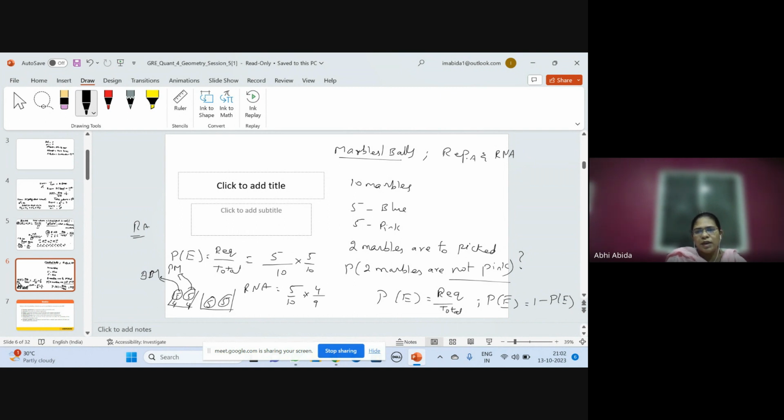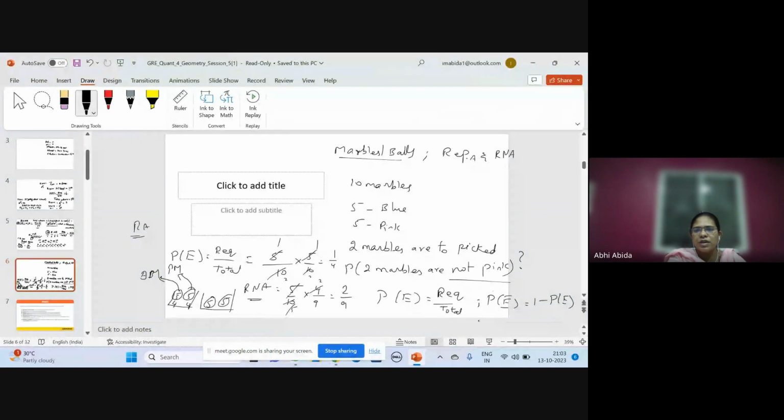This will give you 2 by 9. 2 by 9 will be the probability of the event whenever repetition is not allowed. Whenever repetition is allowed, 5 ones, 5 twos, it will be 1 by 4. Whenever repetition is not allowed, it will be 2 by 9.